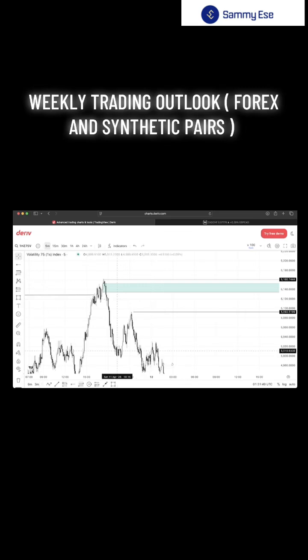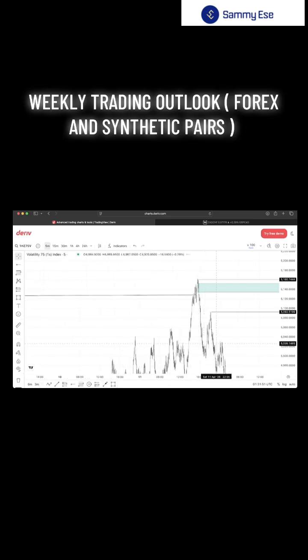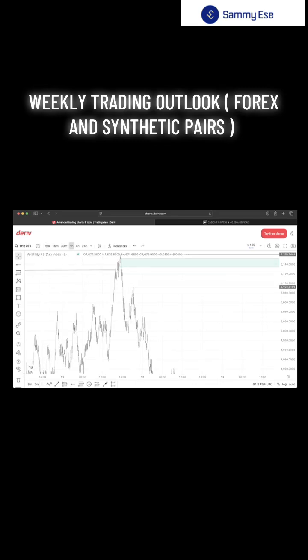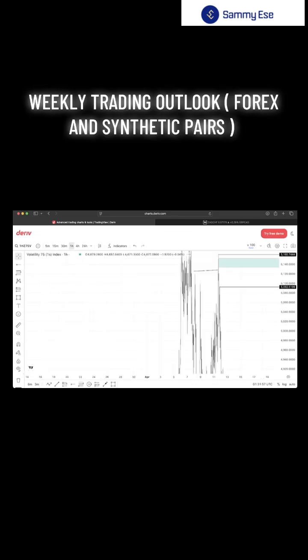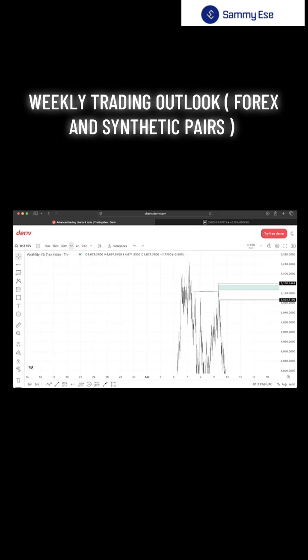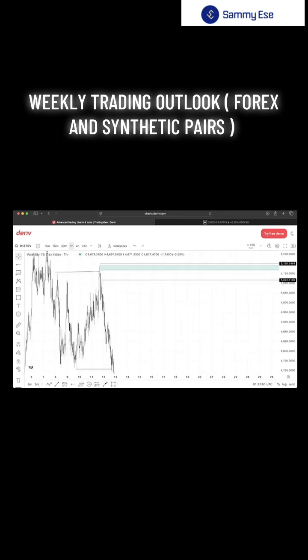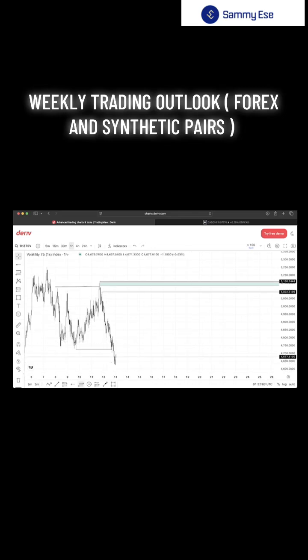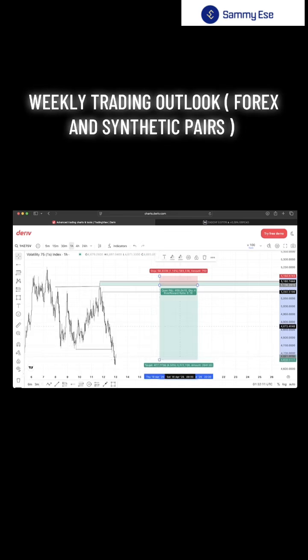It's as simple as that. So I just basically wait for price to get to my supply zone and then give me my confirmation. Supply downwards. Alright, so this is it. It's as simple as that.